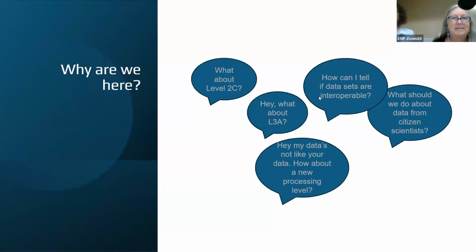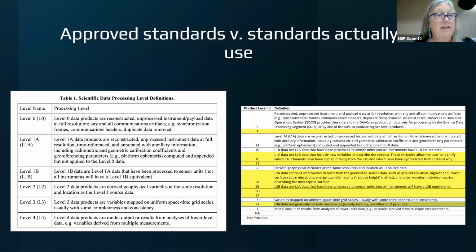There we go. Okay, so as Steve mentioned, there's been a little bit of muttering about these processing levels and whether or not they're adequate. For starters, we've got the standard approved processing levels, and then we've got the ones that are actually in use.